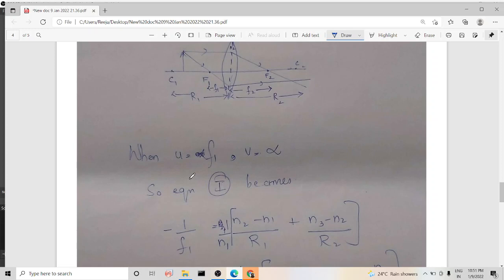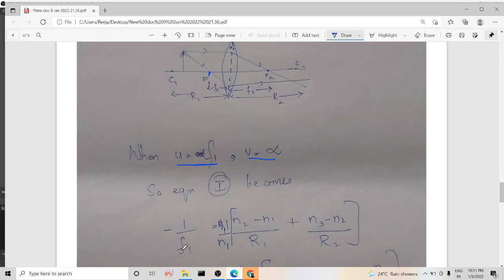So when the object is placed at the first principal focus, that is at F1, U is equal to F1, then V is equal to infinity. If the object is at the focus, V is at infinity.